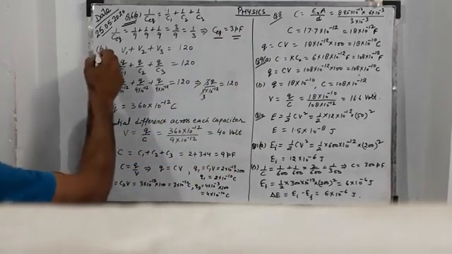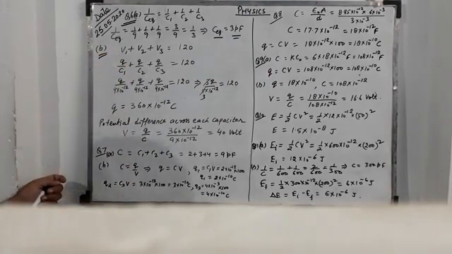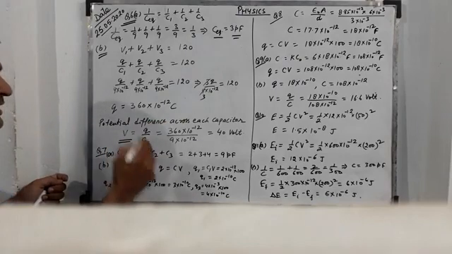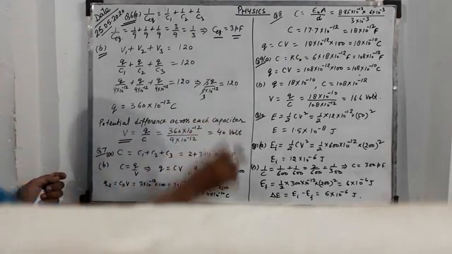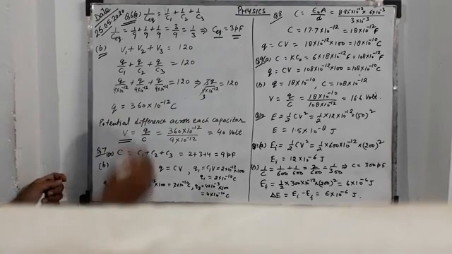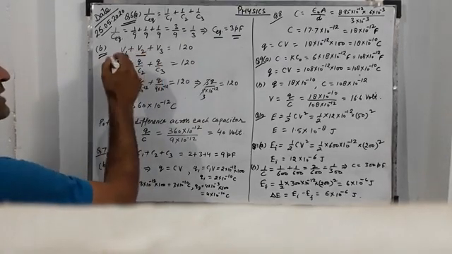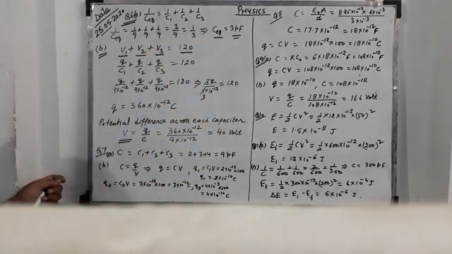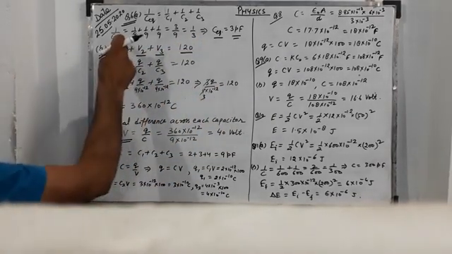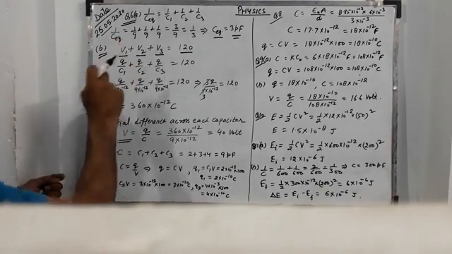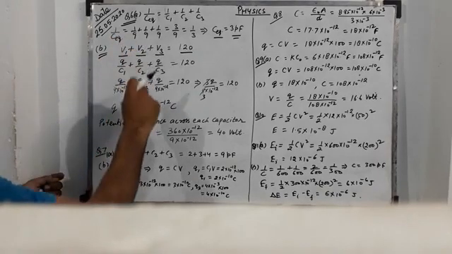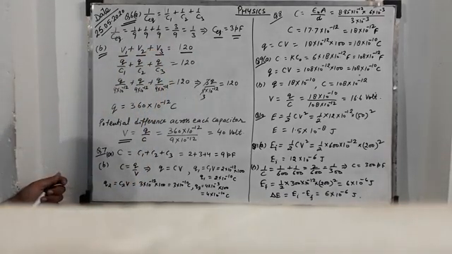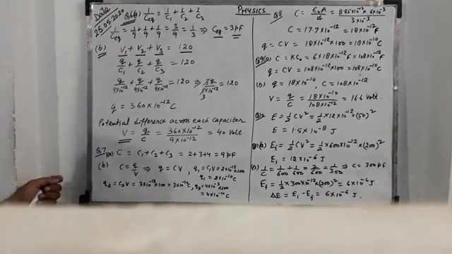Okay. Now the B part of this question is asking about the potential difference across each capacitor. For this, we have total potential V1 plus V2 plus V3, that is equal to 120 volt. Okay. So V1 is equal to Q upon C1, V2 is equal to Q upon C2, V3 is equal to Q upon C3, because in series charge remains same.